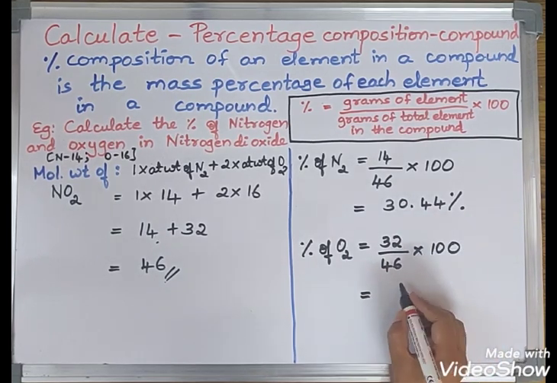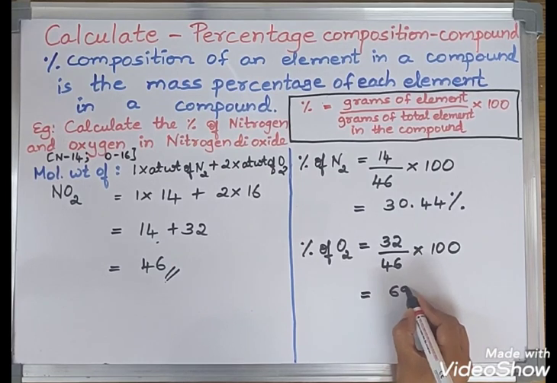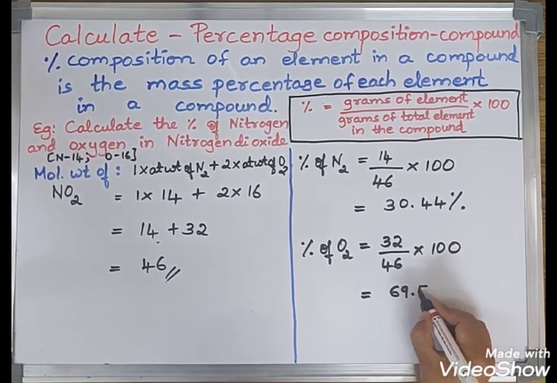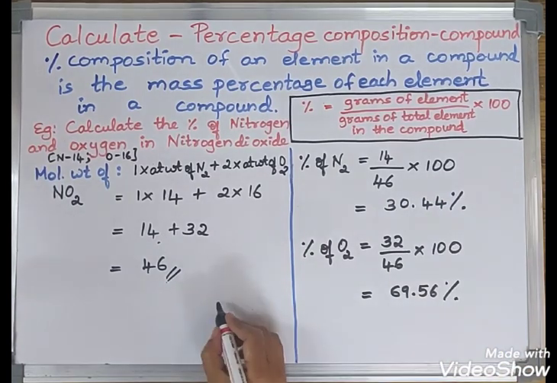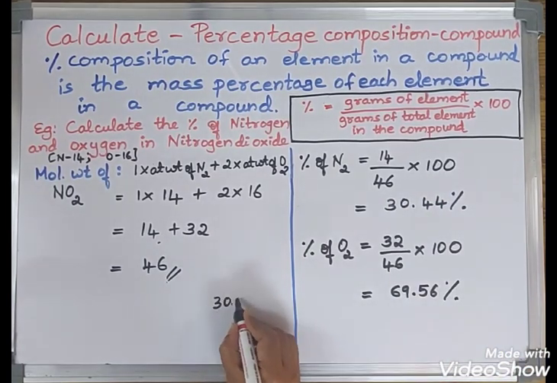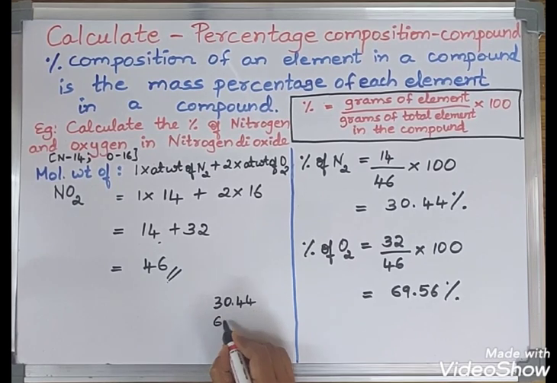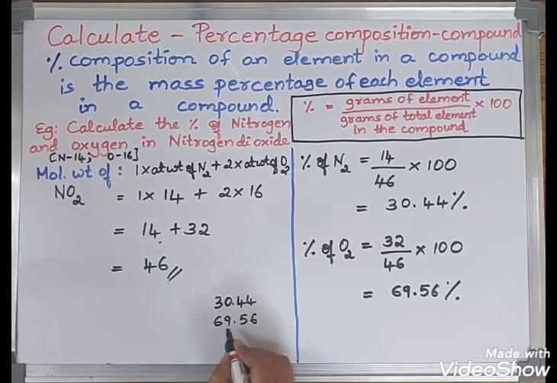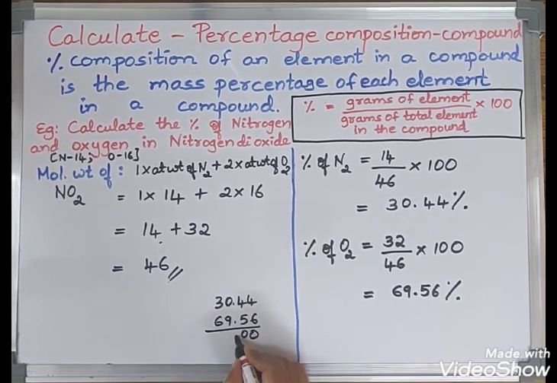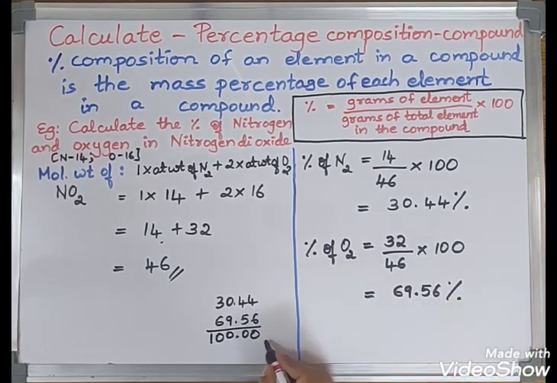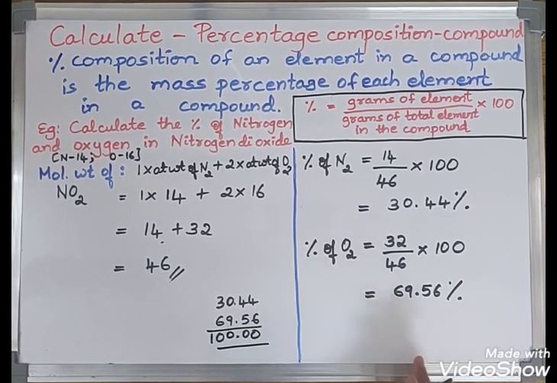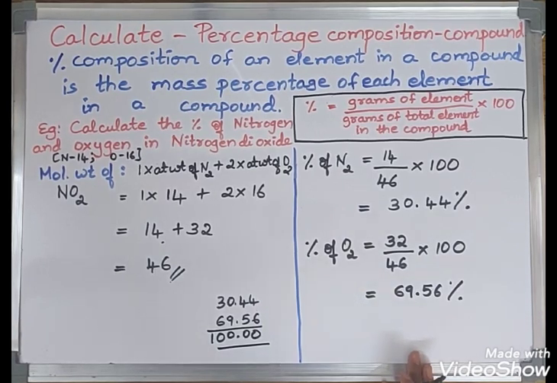So here you will get 69.56%. When you add both of these, you need to verify: 30.44 plus 69.56 gives 100.00. So you do get 100%. This is what you should get. This is how you will verify.